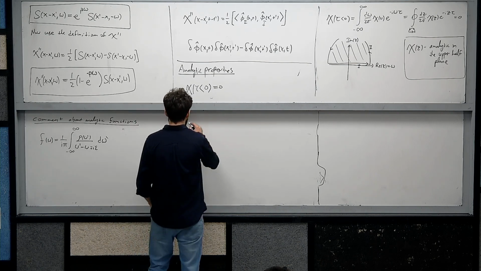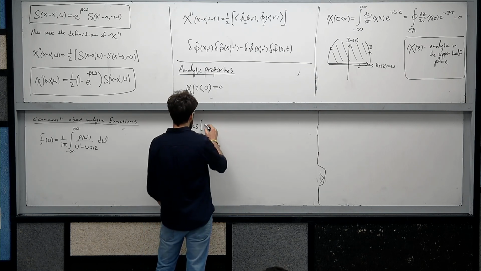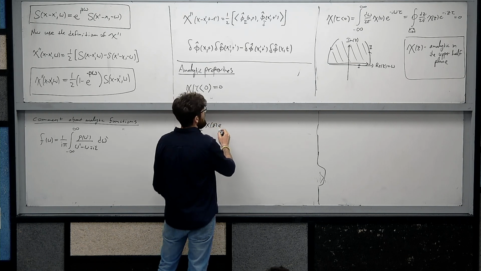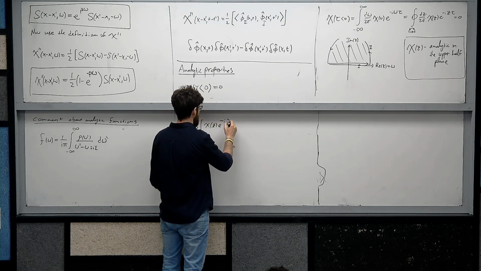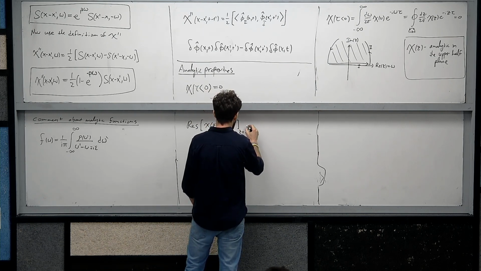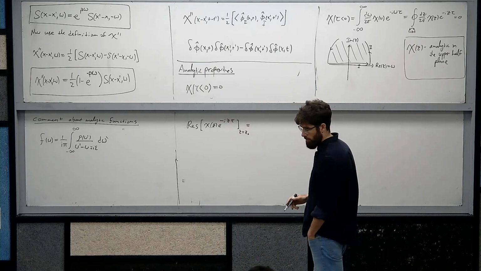So basically, you're asking what is the residue of this chi of z e to the minus i z tau at z equals z naught, where chi of z has some pole.